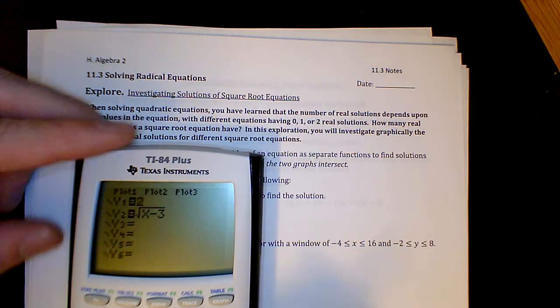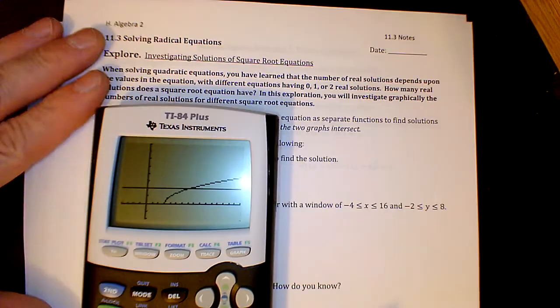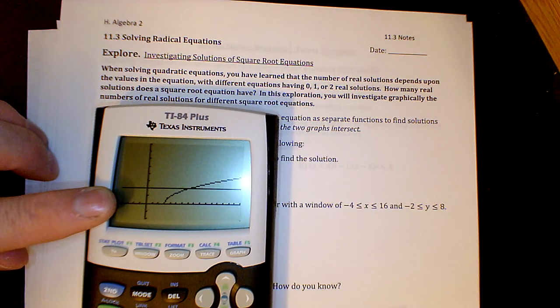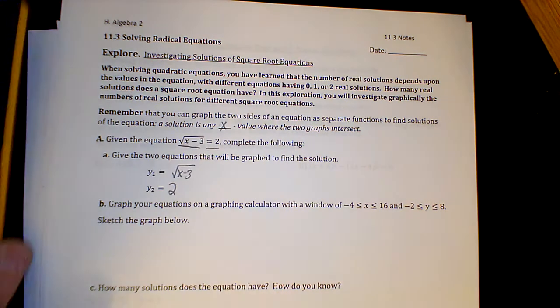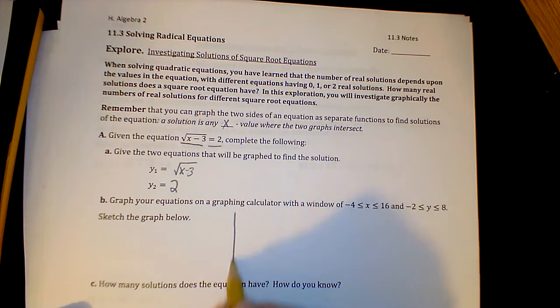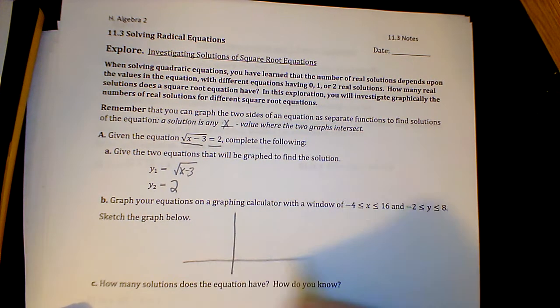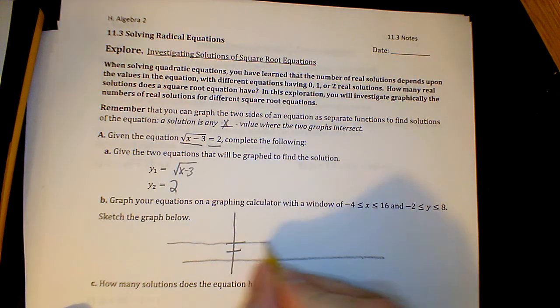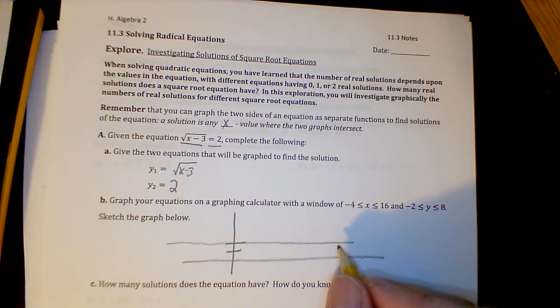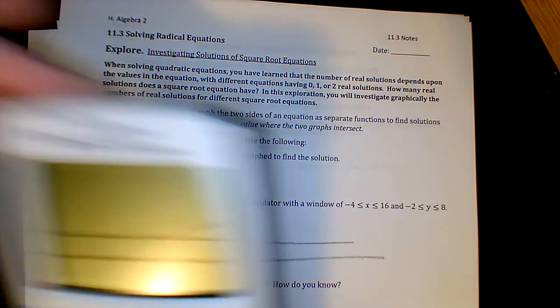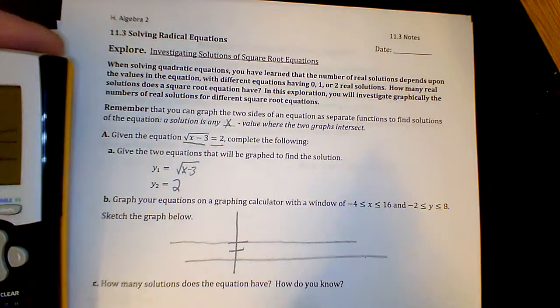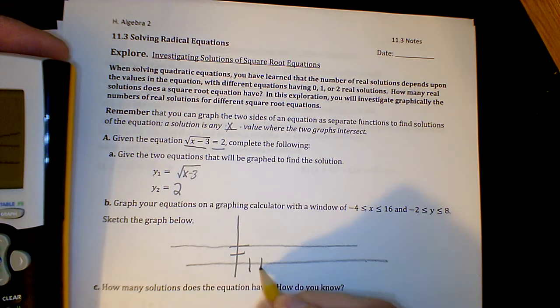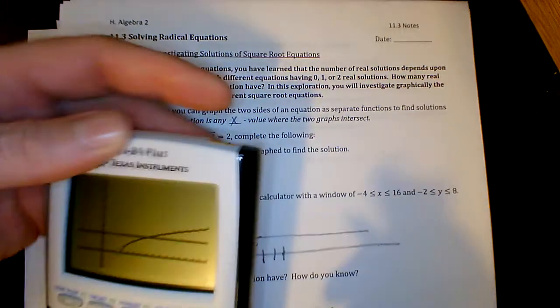All right, so let's graph this before we look down. So you can see there's my line at 2, and then I graph something that looks like that. Let's see where this touches. It looks like it starts at 3. And let's see where they actually intersect.